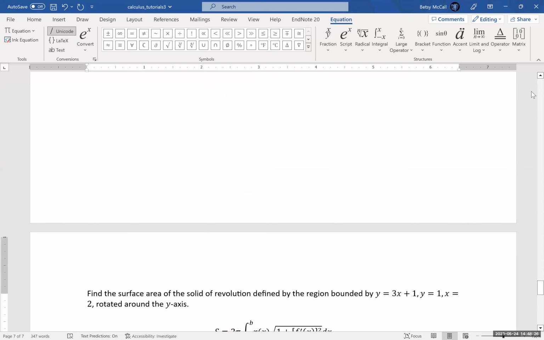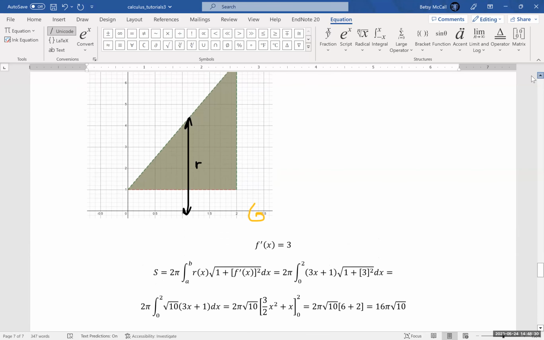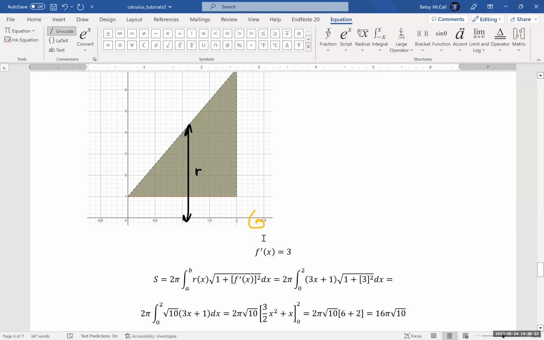If we just jump back to the previous question, the same thing can apply in this problem. If I really want to rotate this around the x-axis and I want both the outer surface area and the inner surface area, that's easy. The inner surface area is just that cylinder, because it's just a constant here. It's a straight line.